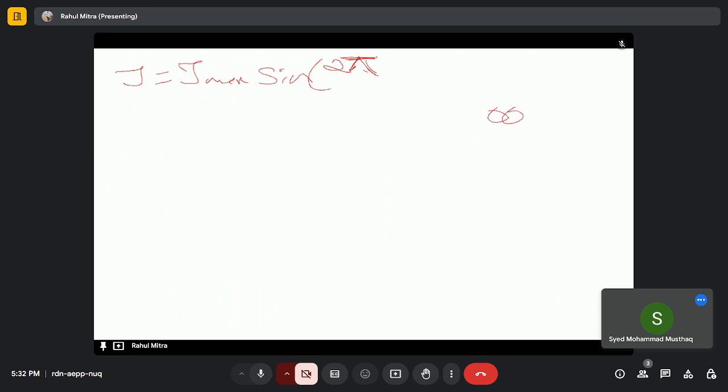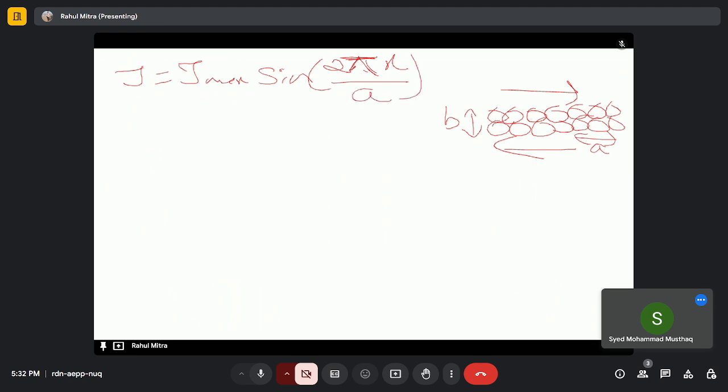Suppose some atomic planes are sliding on each other. Let's say this is my length b and the lattice parameter is a. Then that will be equal to 2 pi x by b.